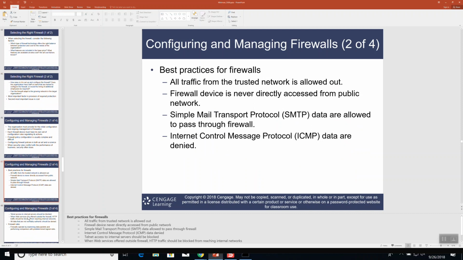Best practices for firewalls. All traffic from the trusted network is allowed out. What's that mean? Who's a trusted network?